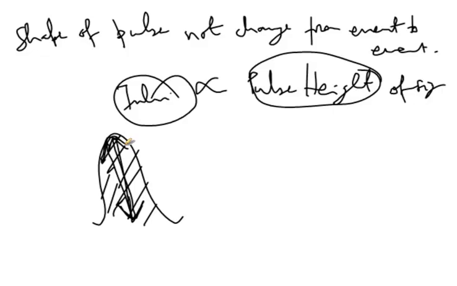Now the relation between the radiation energy and the total charge or pulse height of the output signal is referred to as the response of the detector. So what is response?